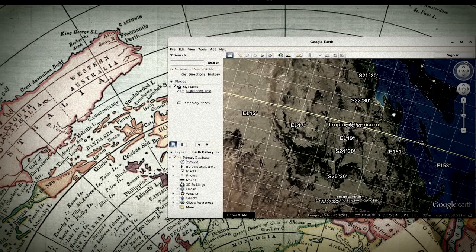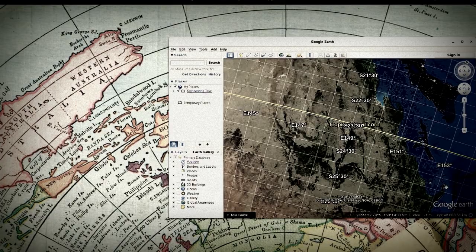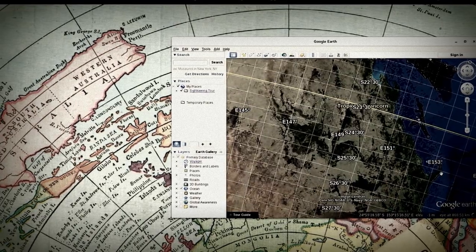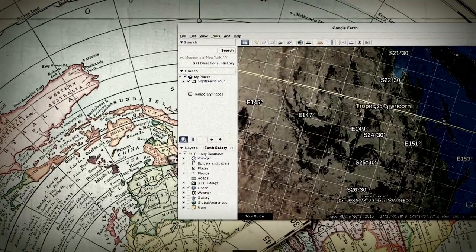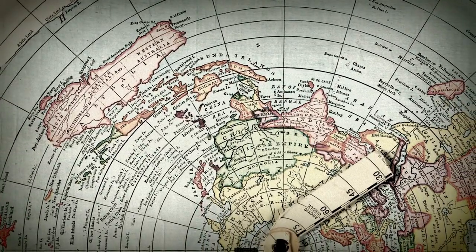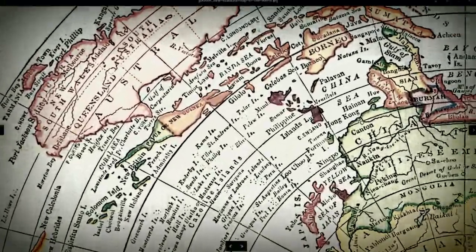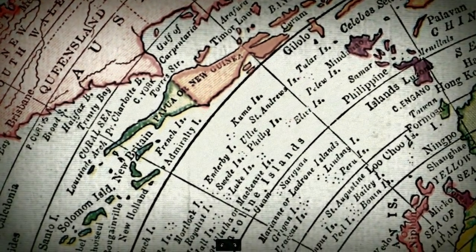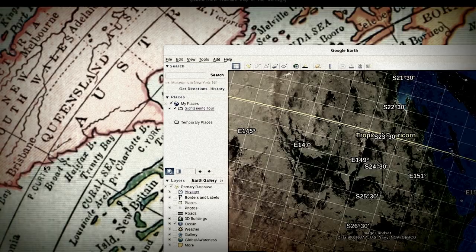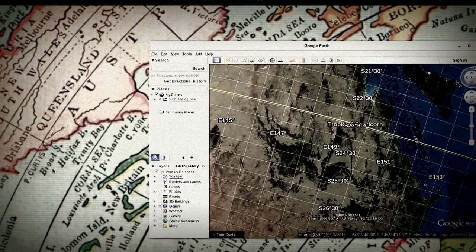It's just the maps on here are oriented a little bit differently because one's a ball and one's the flat plane. So look at where the Tropic of Capricorn exits out, and you'll notice the same thing. The points and the geographic features are identical. I mean, you can see them.